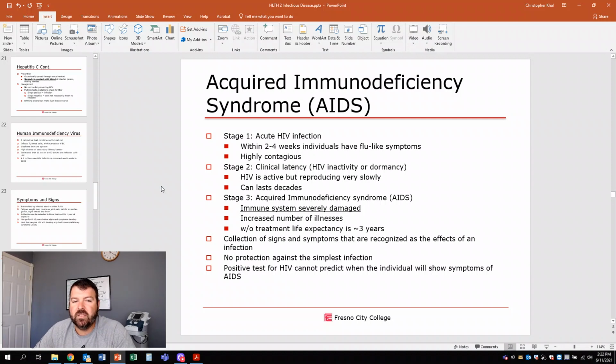Okay, so this is where your immune system is severely damaged. Increased number of illnesses. Without treatment, life expectancy is about 3 years. Okay, back in the day, I mean, this is 40 years ago, you probably ask all your parents, or some of you guys may have lived this. HIV and AIDS was a death sentence.